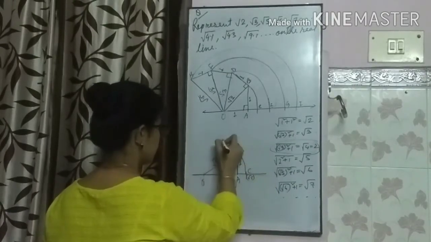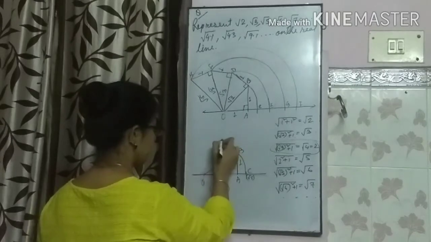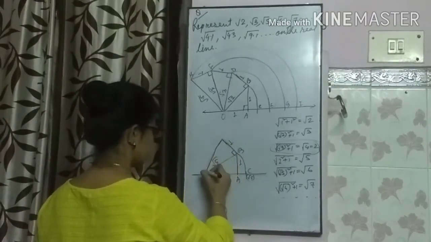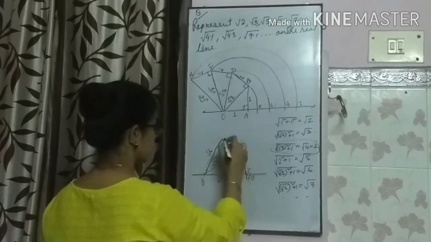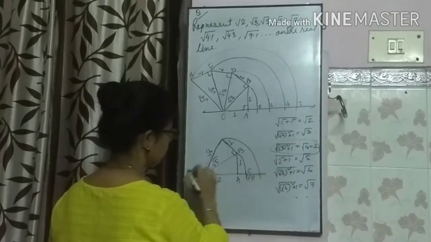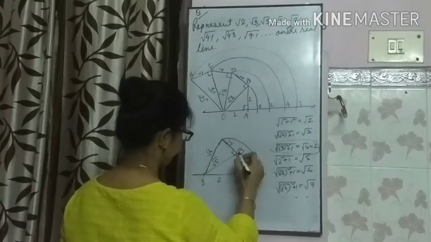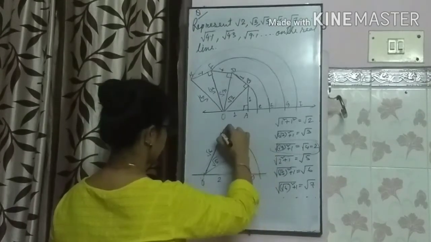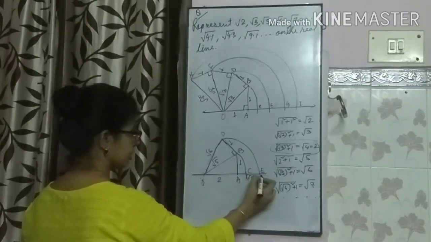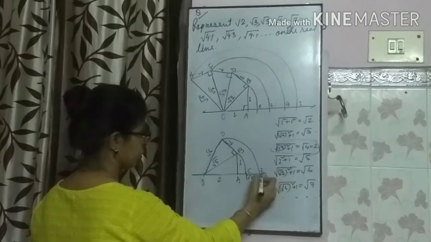There is 1, join it. And give you root 6. By taking that much as a radius, you cut. This point will show you ABC. Suppose it is D. This will show you root 6.